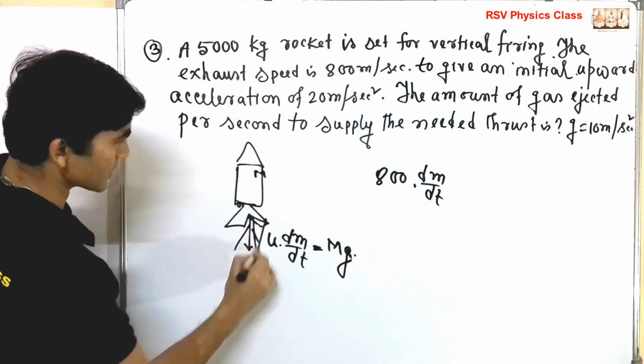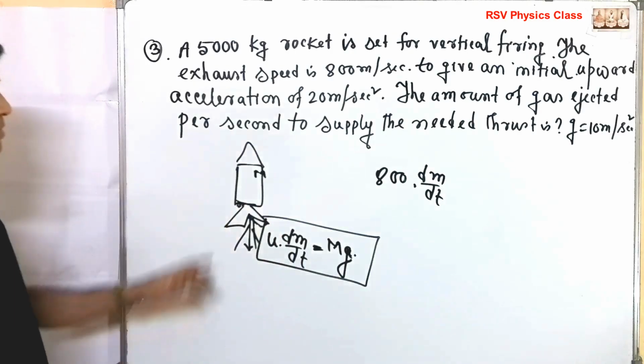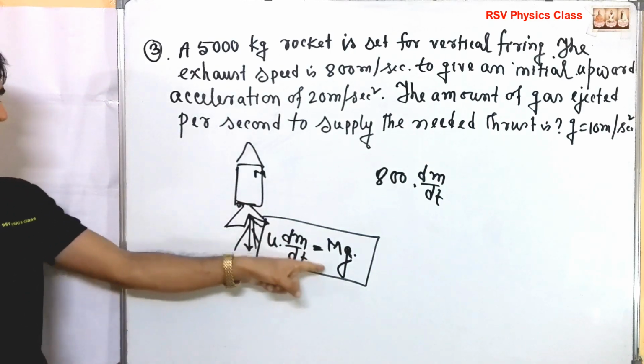This is the basic equation you have to remember. Every rocket problem depends on this equation only.